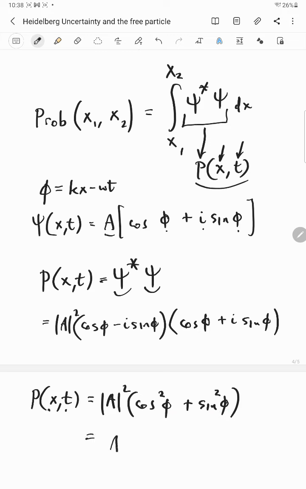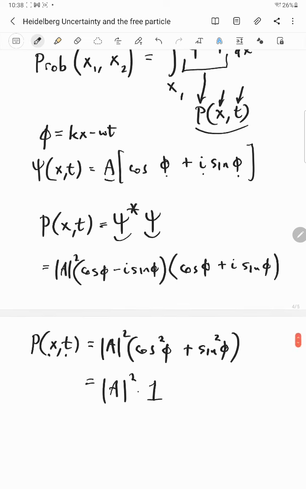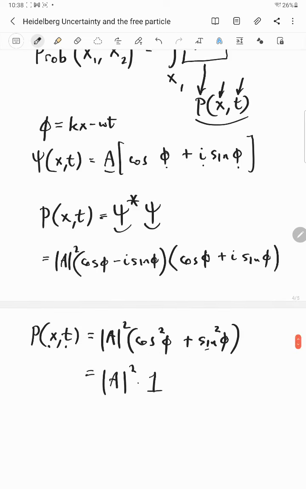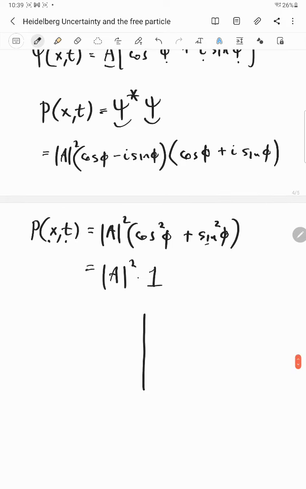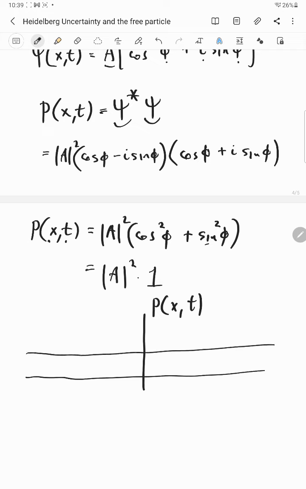So this is a squared times 1, right? That's the unit circle Pythagorean identity, if you want. So the probability density is actually just constant, right? It's featureless.